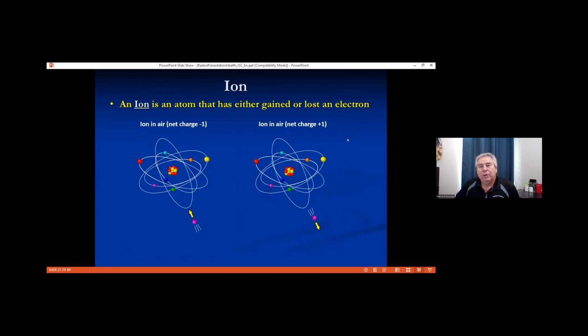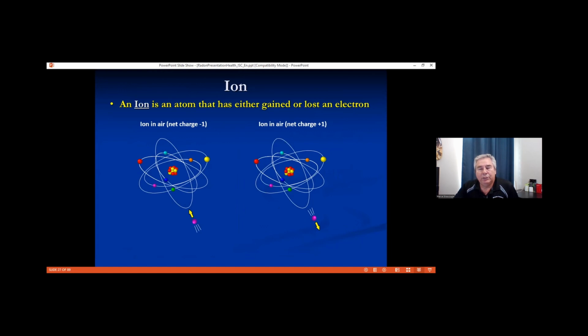We're going to talk here about a term that we need to understand also, to understand a little bit further what's happening, is an ion. And an ion is an atom that has either gained or lost an electron. So in certain cases, we may have an alpha particle flying through the air, going through a neighboring radon atom as an example.